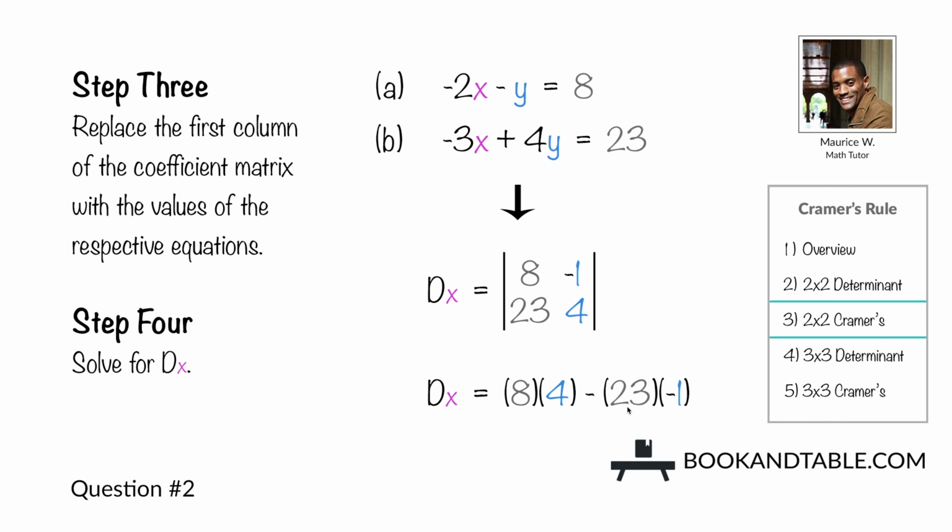So we see dx is equal to 8 times 4, which is 32, minus 23 times negative 1, which is negative 23. 32 minus negative 23 is equivalent to 32 plus 23. And 32 plus 23 shows us that dx is equal to 55.